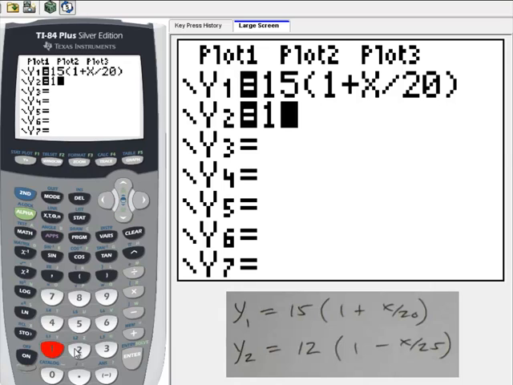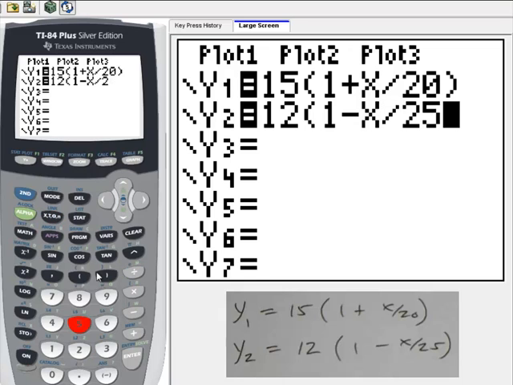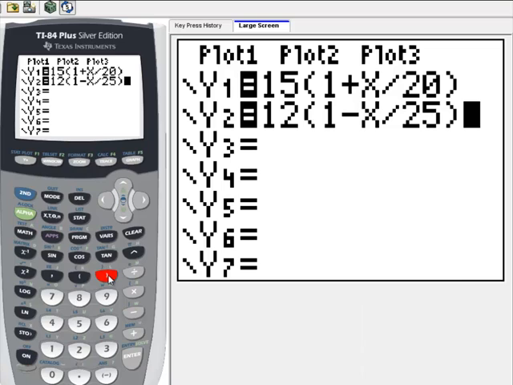Here's 12 parenthesis 1 minus x divided by 25 parenthesis. Alright, there's our y2. Now, for an initial graph, why not the standard coordinate system?